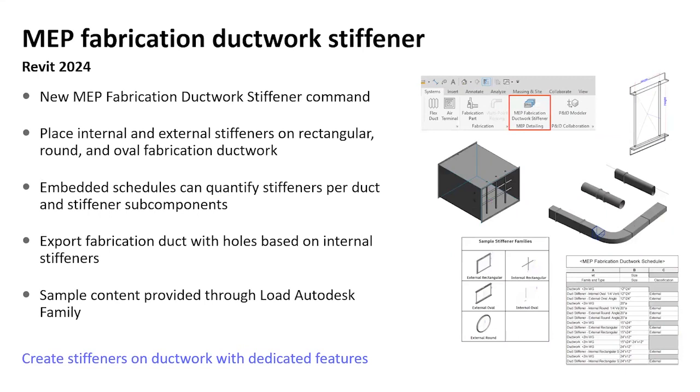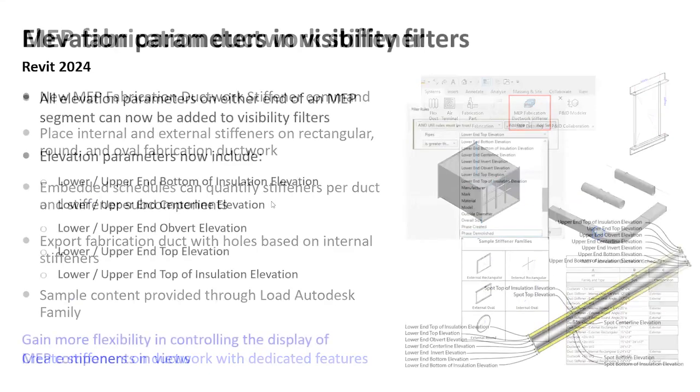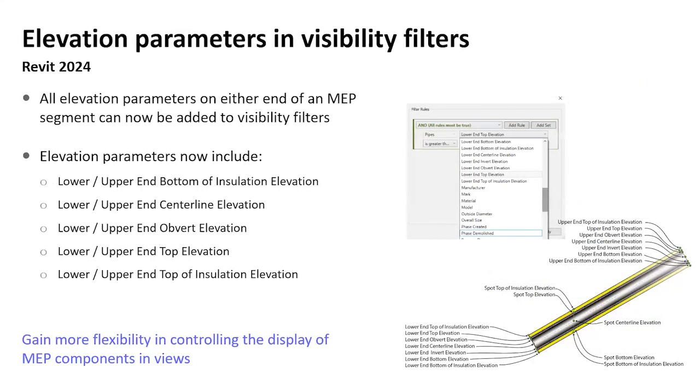There's some new tools related to fabrication, things to make the ductwork more realistic and give us better quantities and accurate schedules on these elements. Things like the duct stiffeners. Speaking of more information, this building information model is becoming central for every discipline.